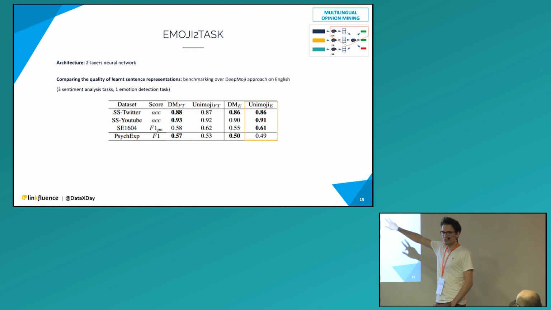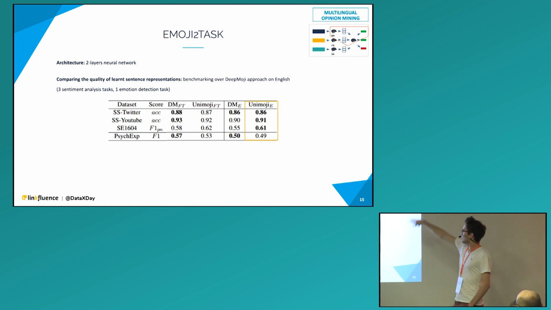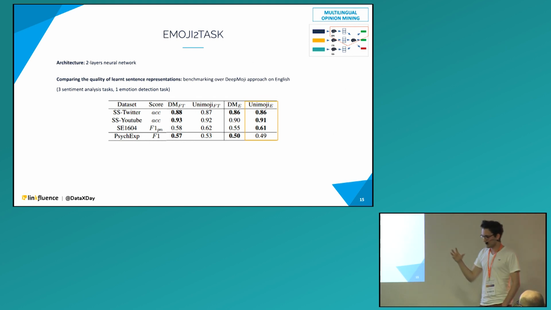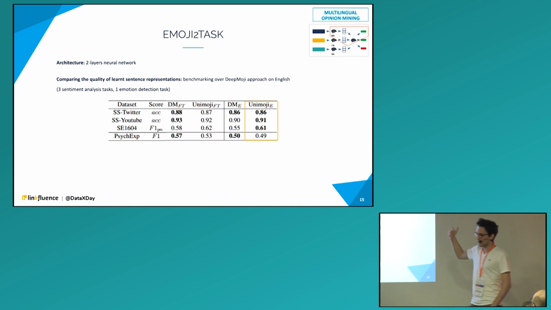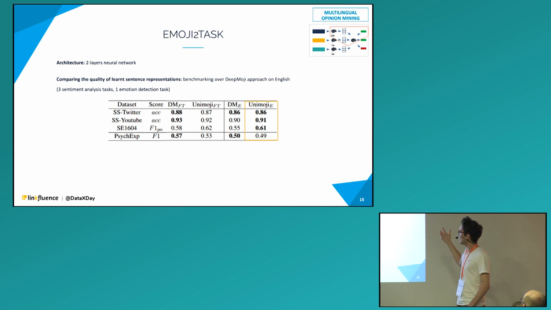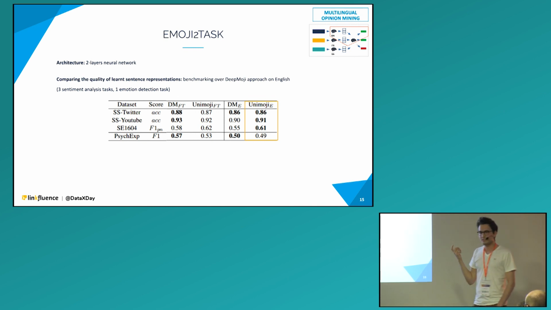And then we've got the two architectures where we built the model upon only the emoji sentence representation, so with only 64 features. When we look at the results, we can see that the representation learned by the pre-trained BLSTM approach and the CNN approach is quite the same.